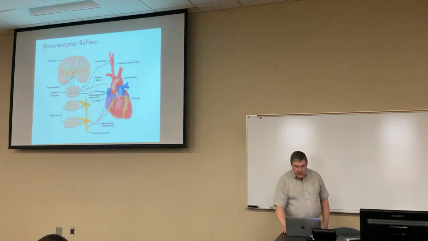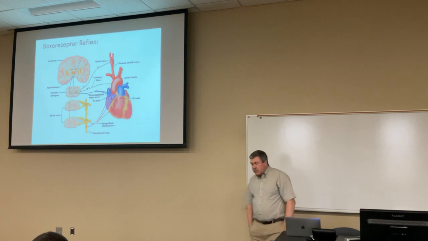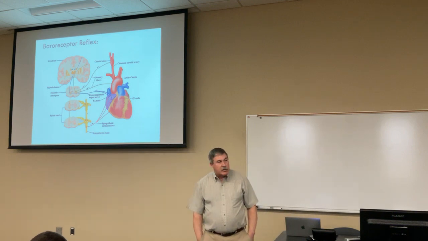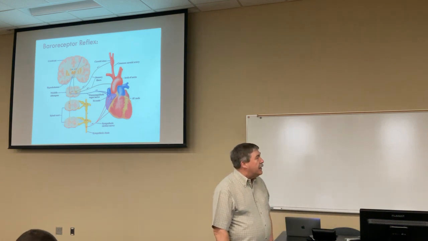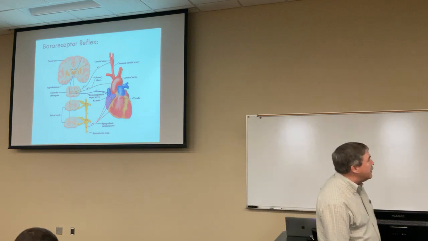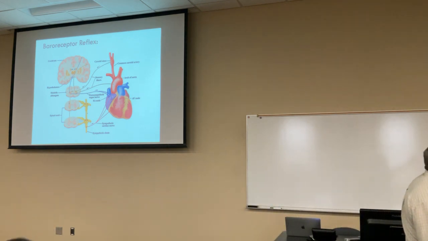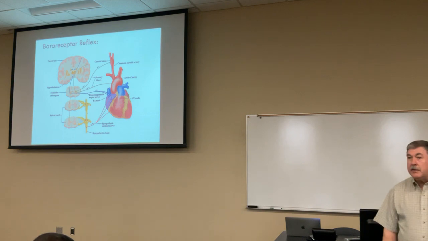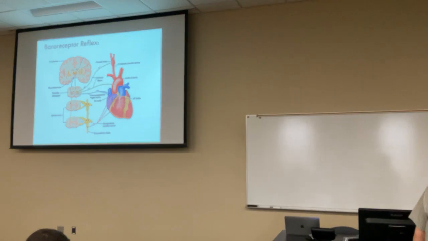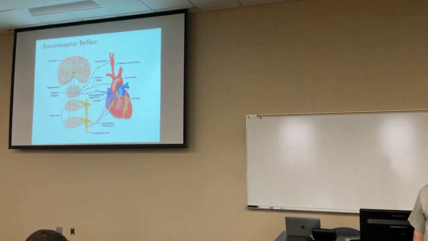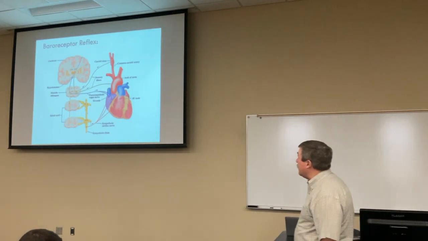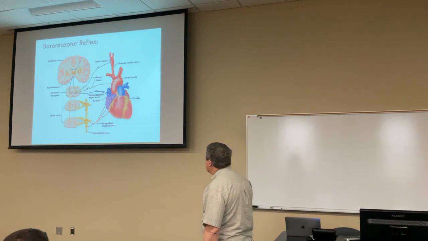So let's start first with the baroreceptor reflex. We've probably looked at this one before at the beginning of the first semester of anatomy and physiology. I use this as one example of a negative feedback system, because all these reflexes work by negative feedback.